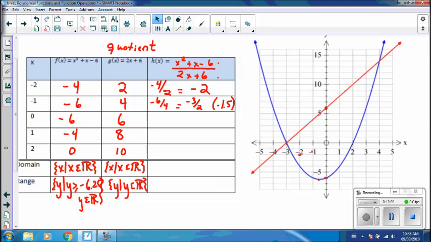So that's going to be right there. And -6 divided by 6 is -1. So when x is 0, it's right here at -1. And then -4 divided by 8, well, that's -1/2. So hopefully you can see the pattern here that every time I go over 1, I'm going up 1/2, right? Over 1, up 1/2, over 1, up 1/2, and so on.